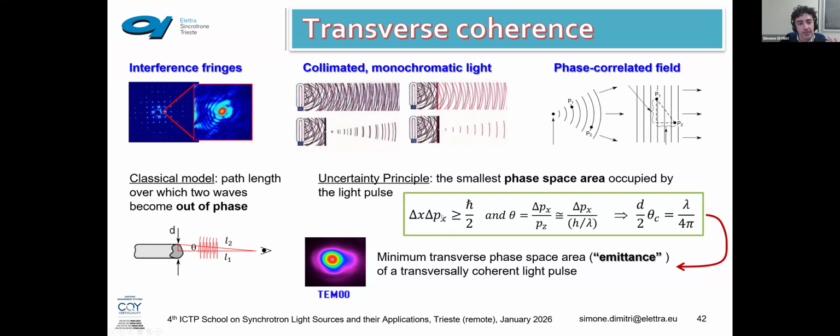Let's define coherence in this context as a correlation that can be established in the transverse plane between position, so phase, and momentum or energy of the photon.